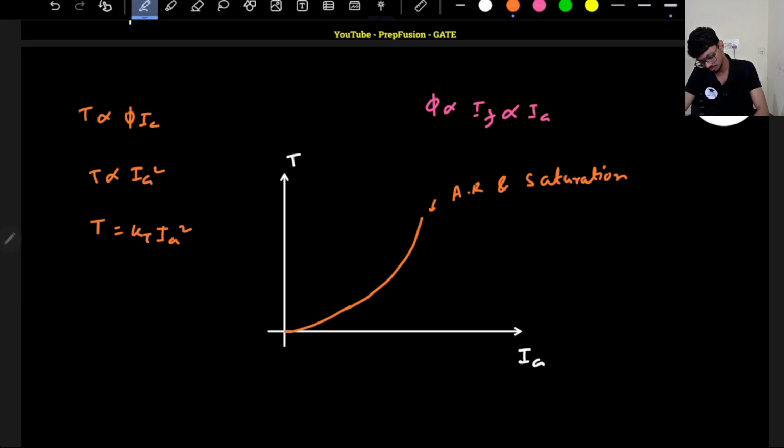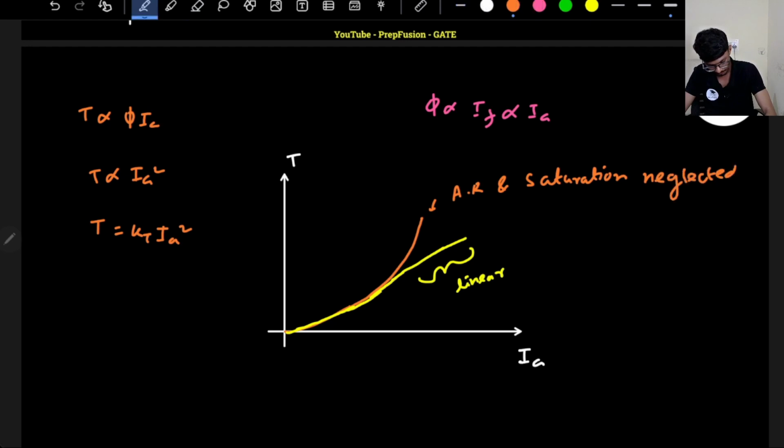So initially this will be like this only, it will be parabolic, but due to saturation it will just vary linearly, it will not vary parabolically. So this region will be the linear region. So here armature reaction and saturation are neglected, and here the armature reaction, and here the saturation is considered.